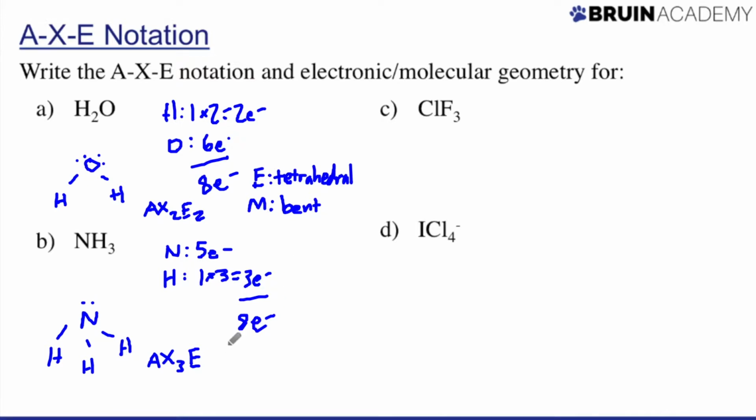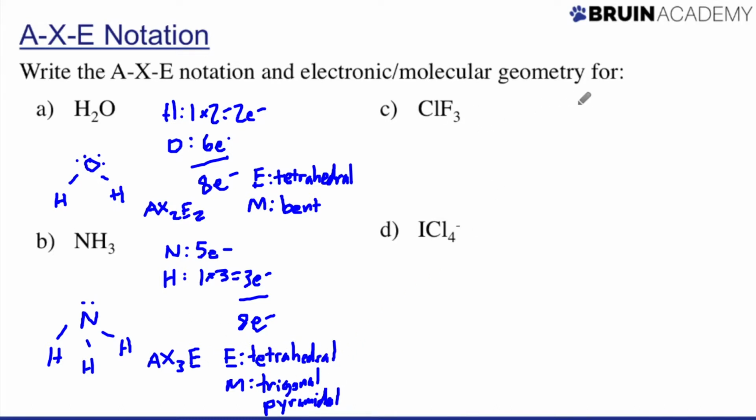And the electronic geometry is going to be tetrahedral because there's 4 things attached to the central element, whereas the molecular geometry, which is dependent on AXE notation, will be trigonal pyramidal. Trigonal pyramidal. And again, as I mentioned, if you do have a model kit, go ahead and make it and you'll see why it's called a trigonal pyramid.